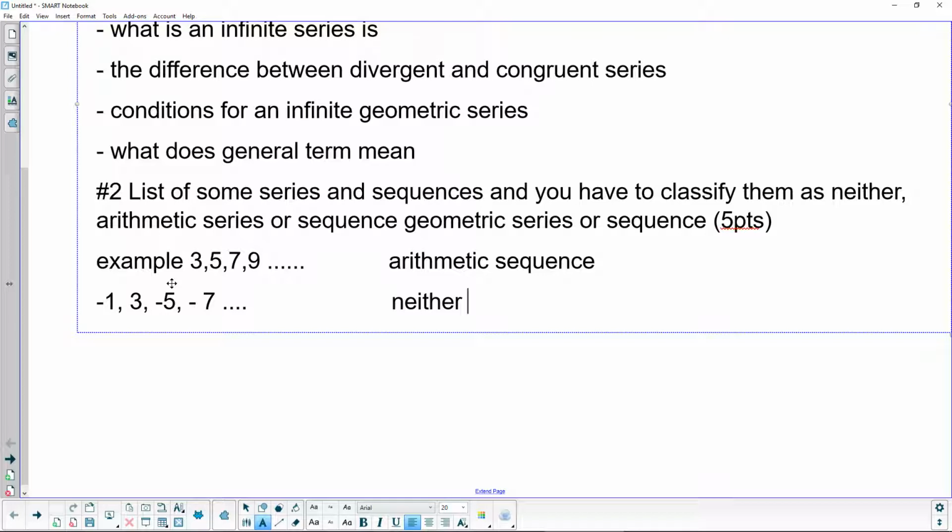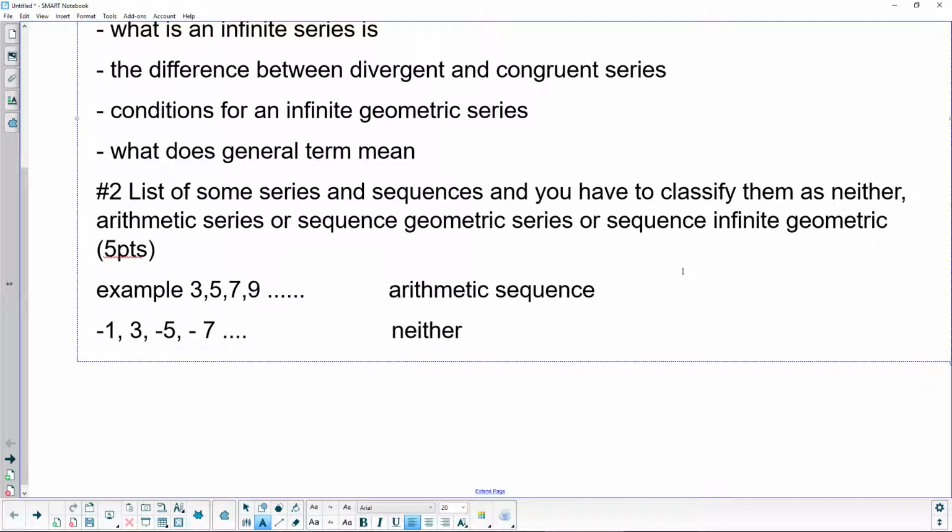I guess there's infinite geometric series too, right? I didn't put it in here. So there's actually 6 or 4 or 5 of them. So we could also have an infinite geometric series.